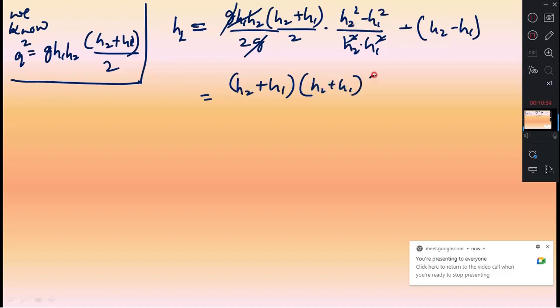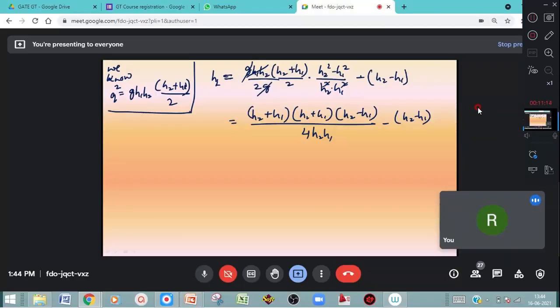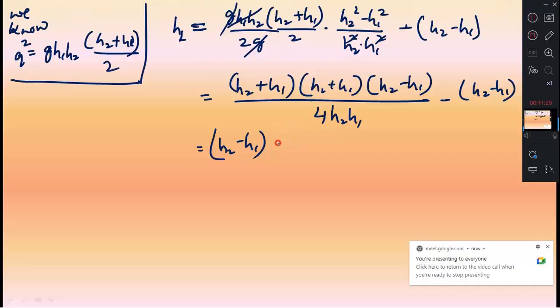H2 plus H1 into H2 minus H1, divided by 2 into 2, 4 H2 H1, minus H2 minus H1. What can we take common? H2 minus H1 we can take common. That is common. Then what is left inside?